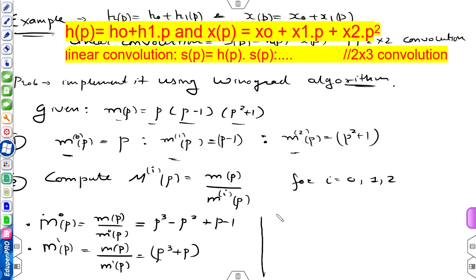And at last M2(p), that is given by m(p) divided by m2(p), and m2(p) is p square plus 1. So p square plus 1 will cancel out, and it is the product of p into (p minus 1), that is p square minus p.